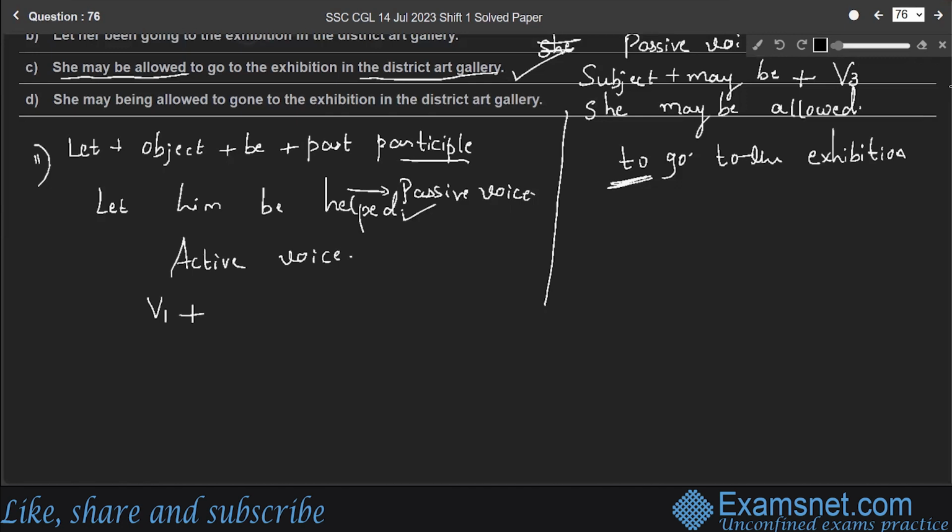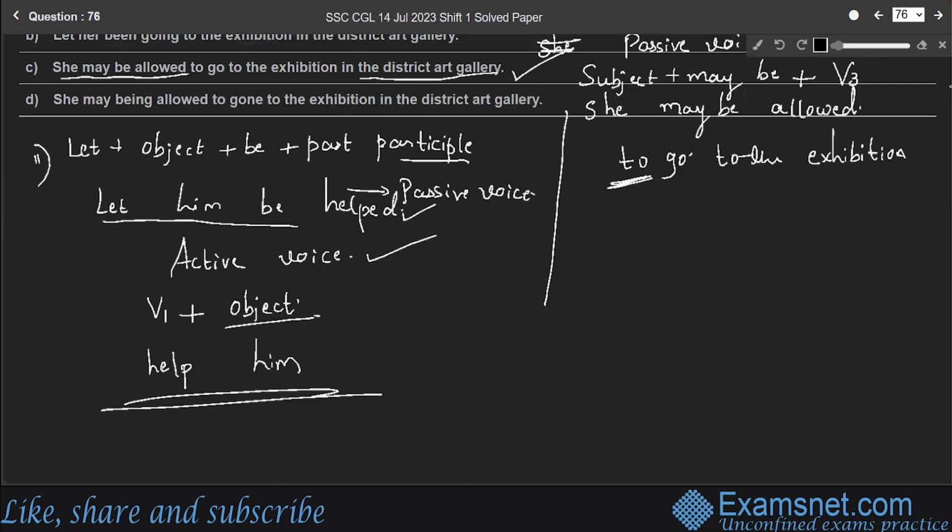Here the verb is helped, so the present tense is help, right? V1 plus object. Therefore, the active voice form of the given sentence, let him be helped, is help him. Very simple, right? Help him.